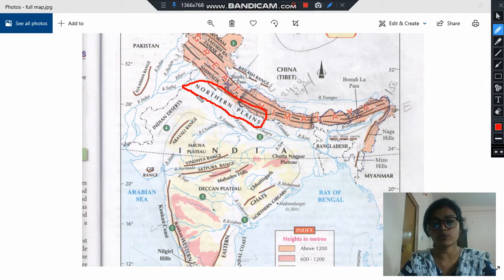is the reason that most of the population, which is more than 50% of the Indian population, lives in northern plains. Northern plains are very fertile area, and these areas are very good for agriculture purpose. Means more population who works as farmers, or who is involved with agriculture, lives on northern plains.